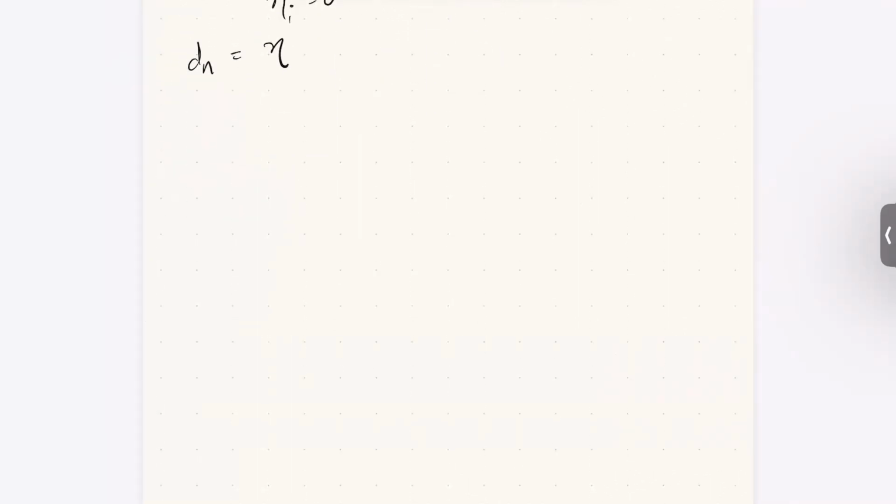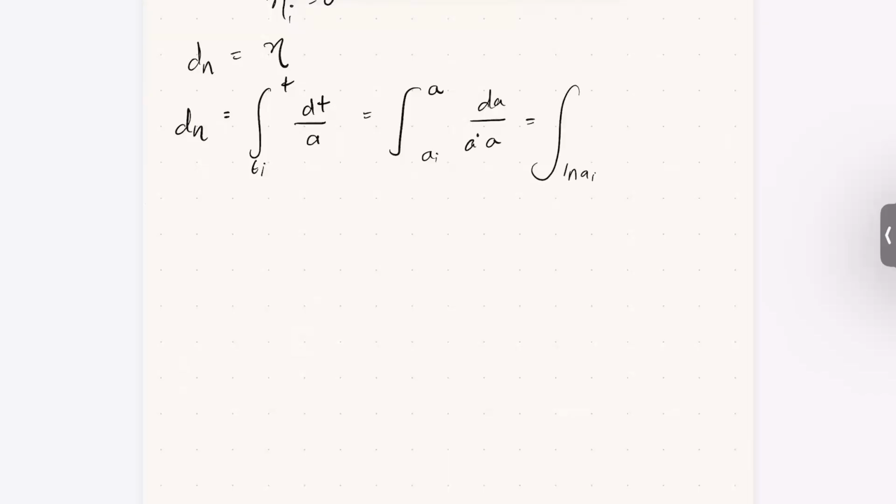From here, I can also reparameterize this, writing my a's and t's in terms of the scale factor, and write it as the following. I can take a logarithmic limit and express my particle horizon with a factor that is H inverse.